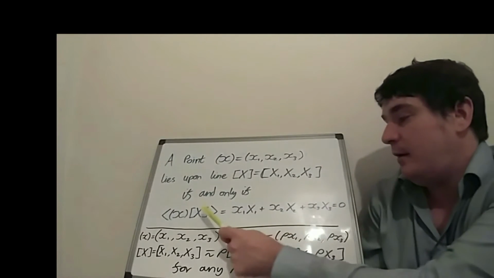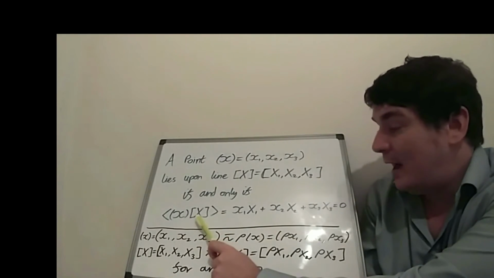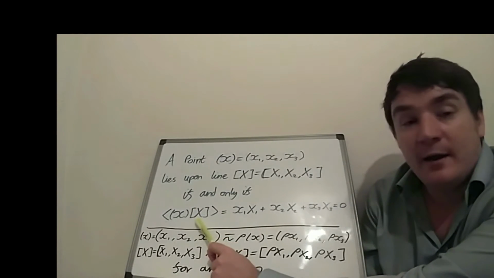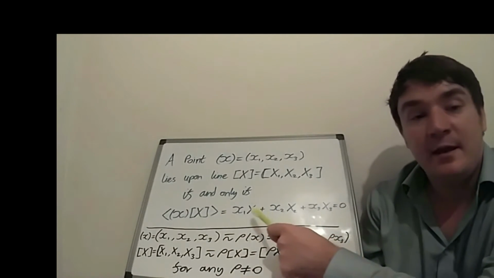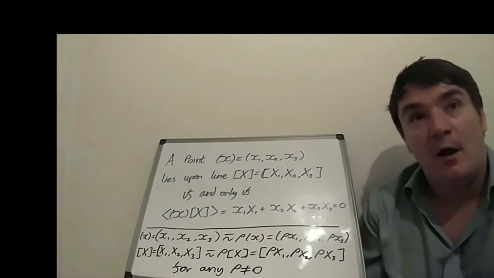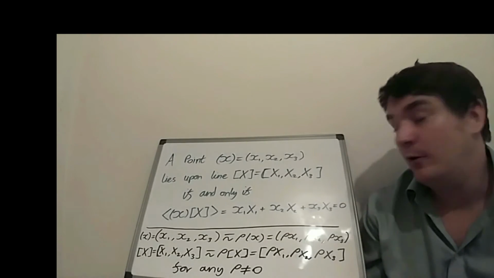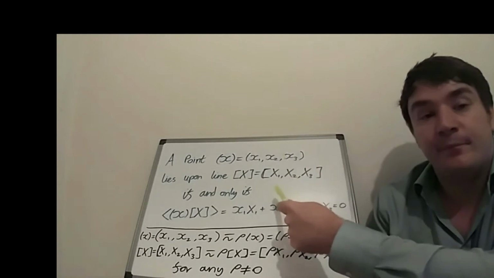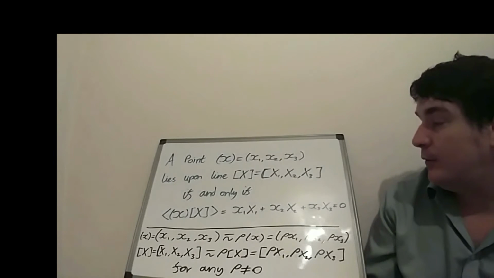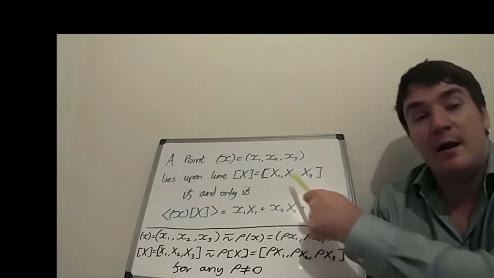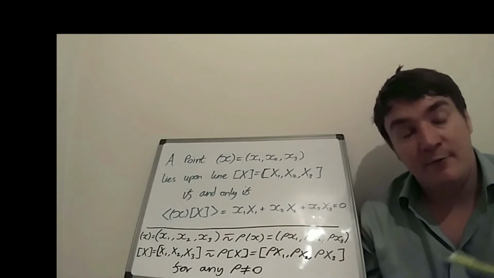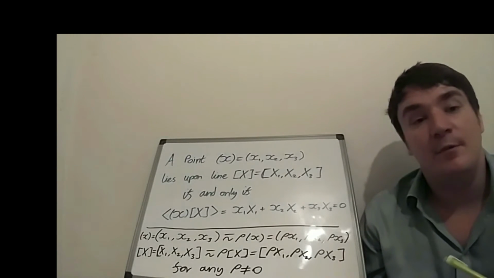And we give a shorthand for this using these triangular brackets. You'll probably recognise this as the dot product, or sometimes called the inner product of these 2 vectors. And so the important thing here is that both of these point and line are described in very similar ways in terms of 3 numbers.